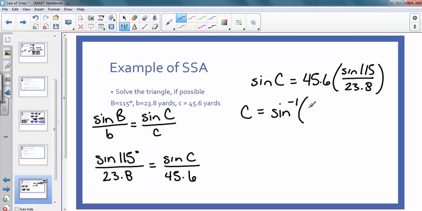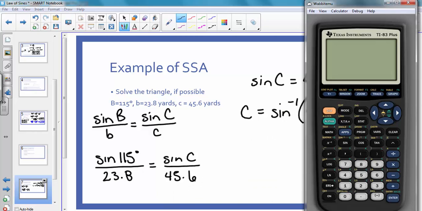So I get the sine inverse of 45.6 times the sine of 115 over 23.8. So putting all of that into my calculator, I get the sine inverse of 45.6 times the sine of 115 divided by 23.8.